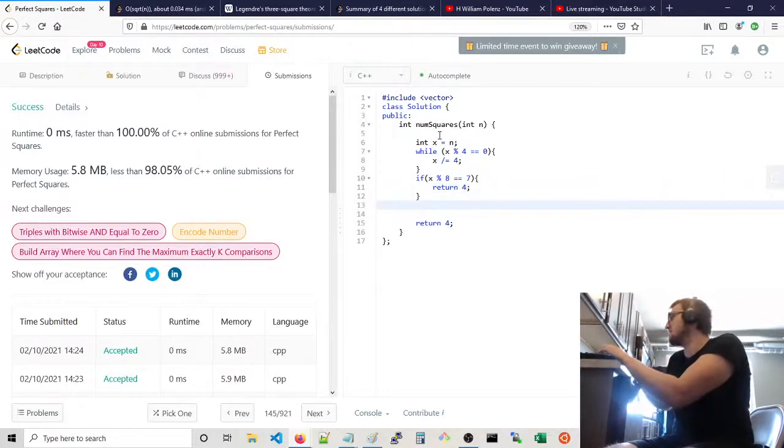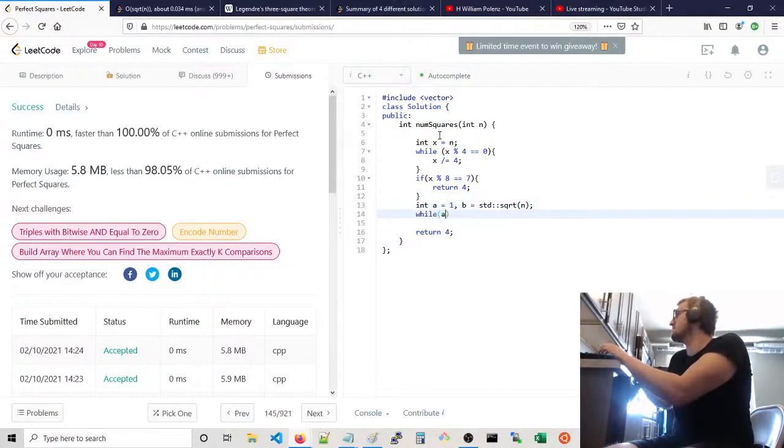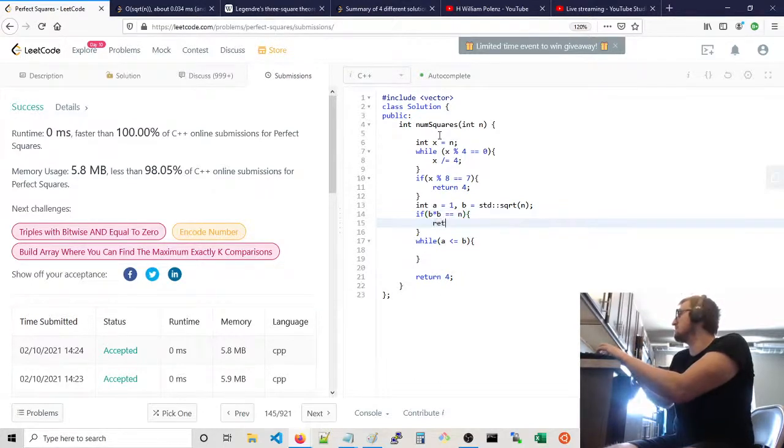Otherwise, we can say int a equals 1, b equals standard square root of n. So while a is less than or equal to b, we're going to say if b times b equals n, return 1.